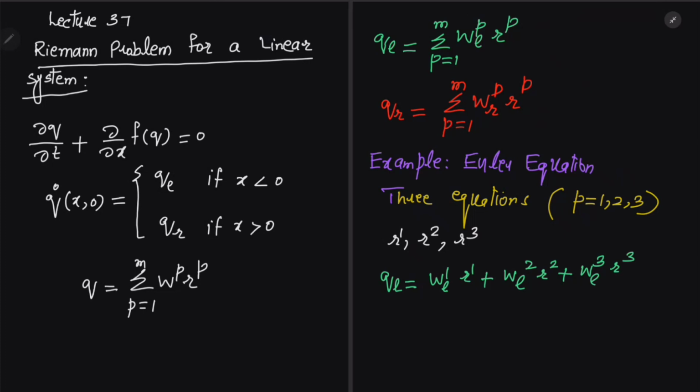Here, all these things are called eigenvectors that we already discussed before. And similarly, we have Q right. Q right will be equal to W1 right R1, W2 right R2, W3 right R3.